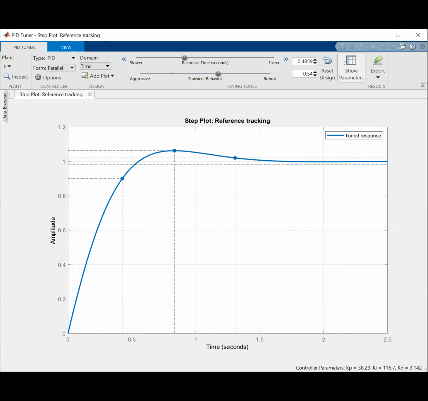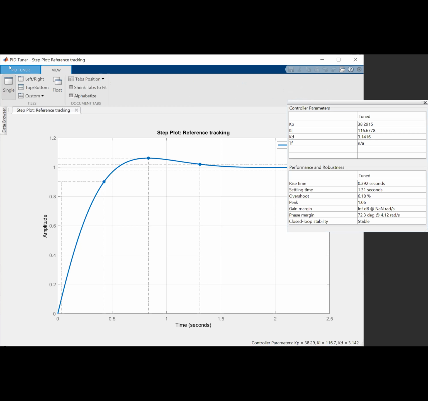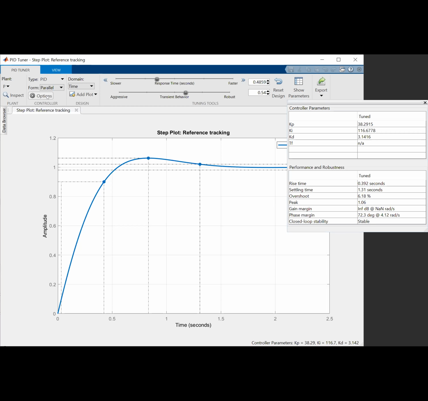And then if you want to show the parameters, just click on show parameters, and it will give you the value of not only KP, KI, KD, it will give you rise time, settling time, percentage overshoot, peak, phase margin, gain margin, and so on. So with this, you should be able to tune the PID controls interactively.